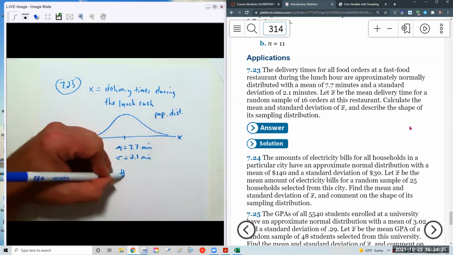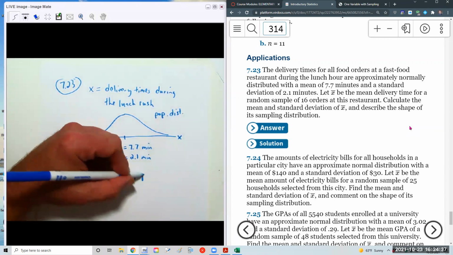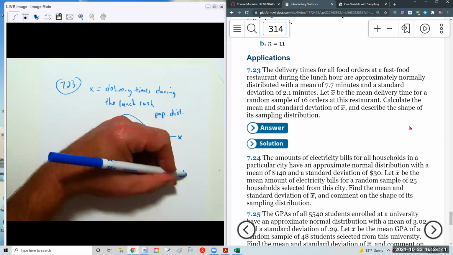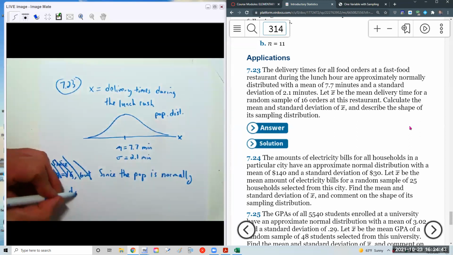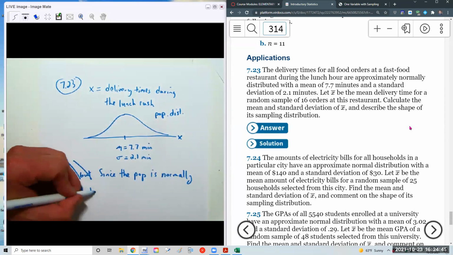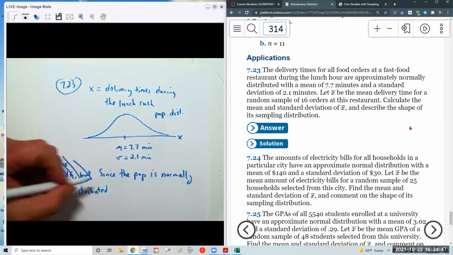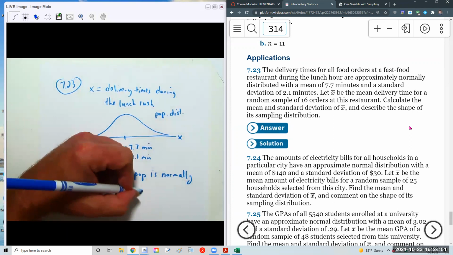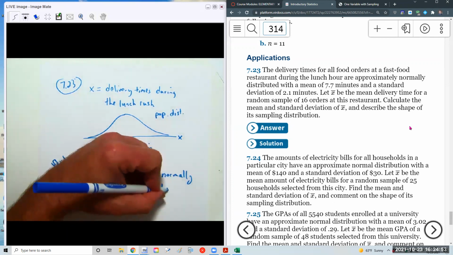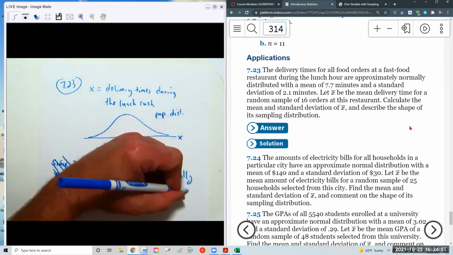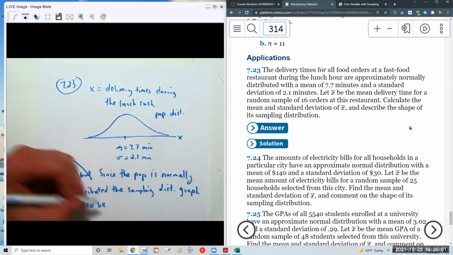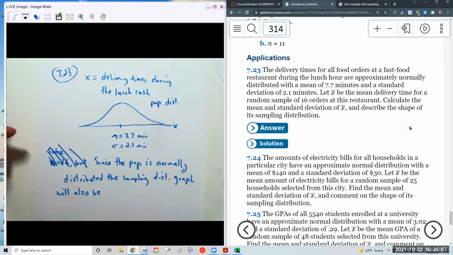Since the population is normally distributed, the sampling distribution graph will also be normally distributed, no matter what the size of the sample.